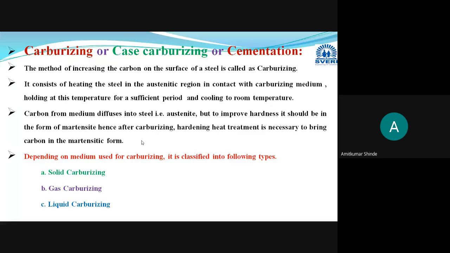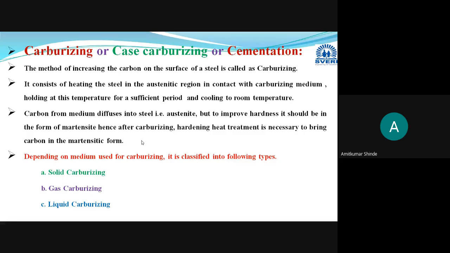First the component is placed in that carburizing medium or carbonaceous medium, and after that we are heating that component in the austenitic region. Then we are holding at this particular temperature for sufficient time, and after that we are cooling to room temperature. This is how the carburizing is conducted.